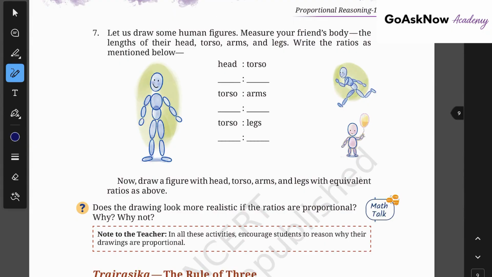Question 7. Let us draw some human figures. Measure your friend's body, the length of their head, also arms and legs. Write the ratios as mentioned below.